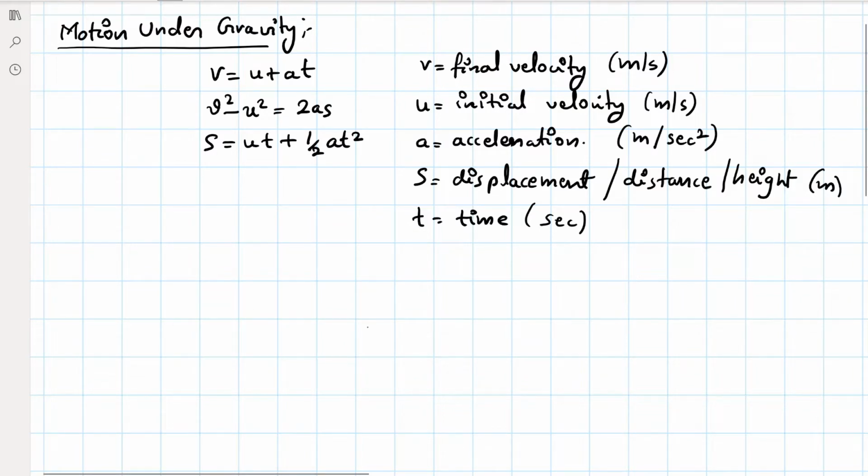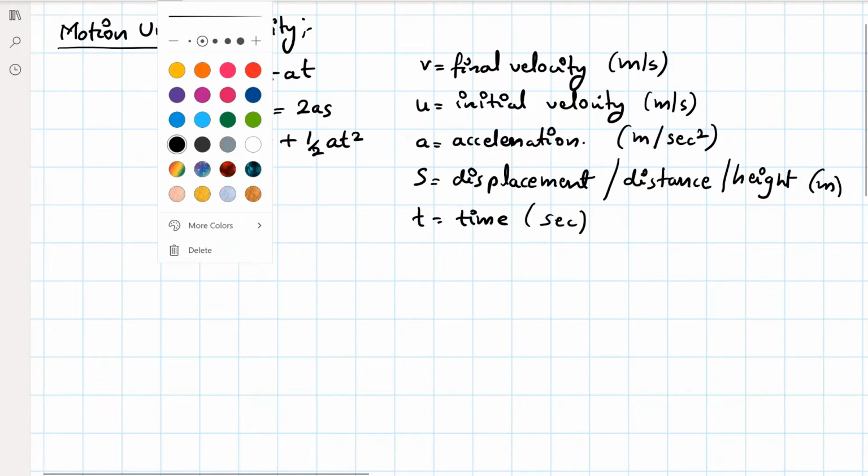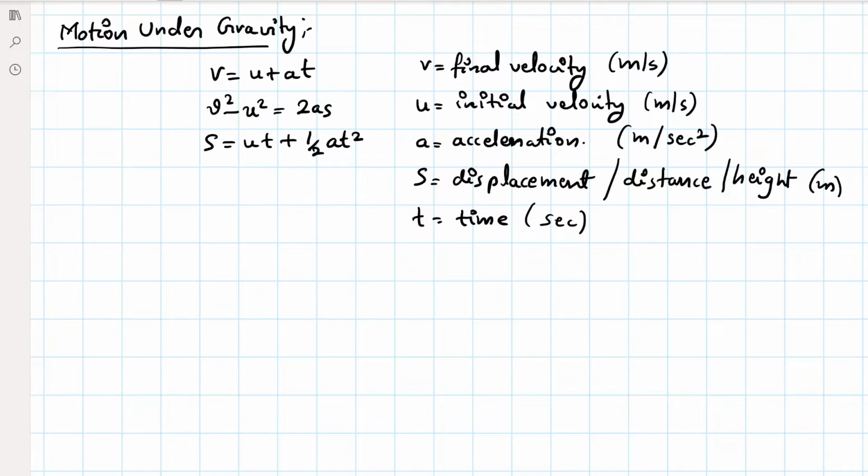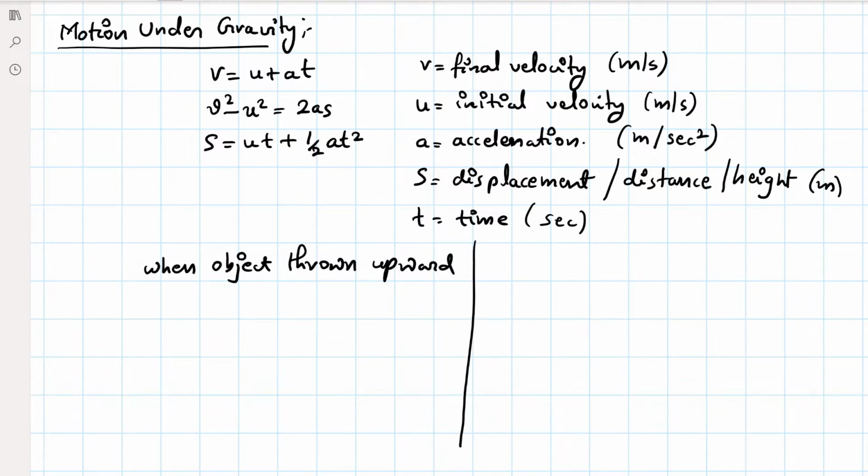So if I come to the motion under gravity, we have two conditions. One, when a stone or object is thrown upward, that is the first condition.